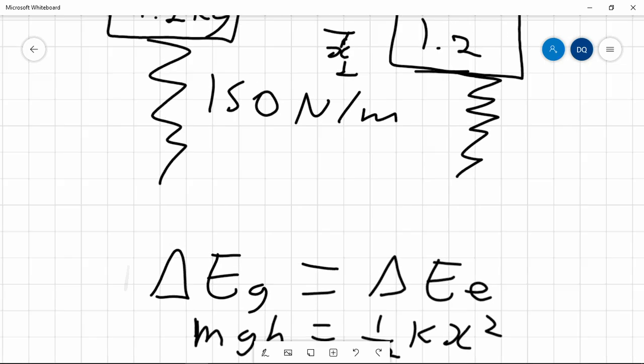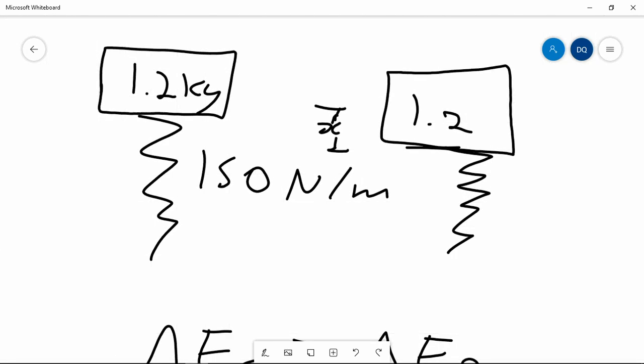However, have a look at this picture. How far did the block fall? It fell exactly the same distance that the spring was compressed. So that means h and x are the same thing.